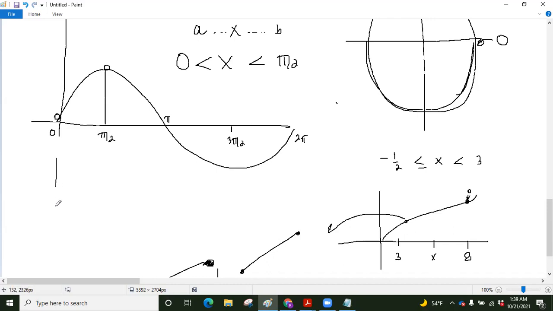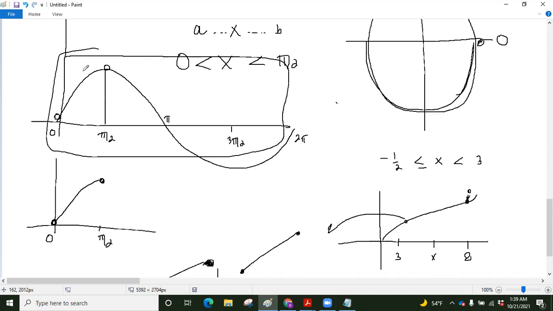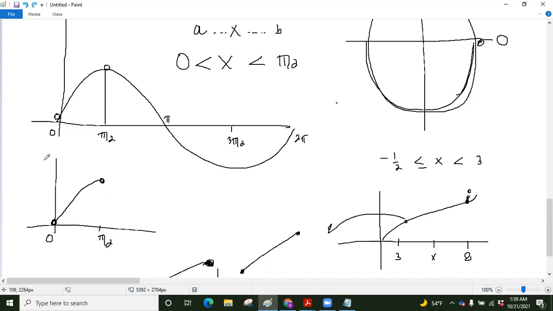So I'm looking at 0 here, and I have this guy, which is at pi over 2. This is the only section of the graph that I'm looking at. So through this entire graph, I'm only looking at this section of the graph, and these are open holes.